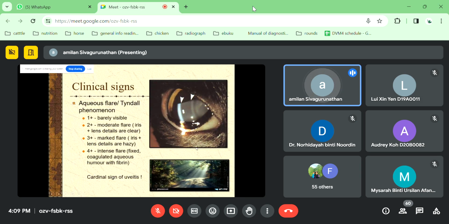Now, if there's one slide you are to remember from this presentation, it's the aqueous flare, because this is the cardinal sign of uveitis. We call it the cardinal sign because if you can't see the flare, there's no uveitis, right?